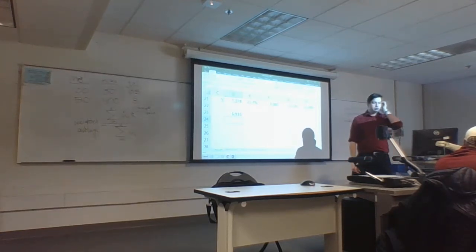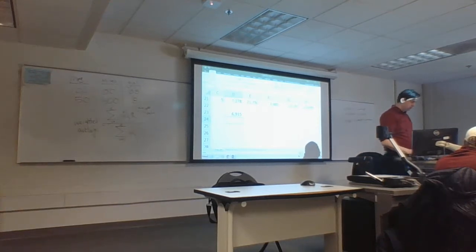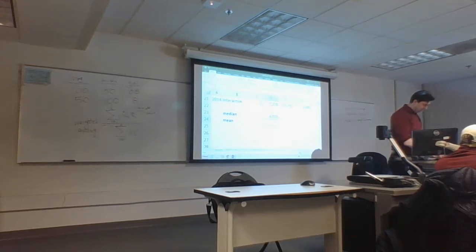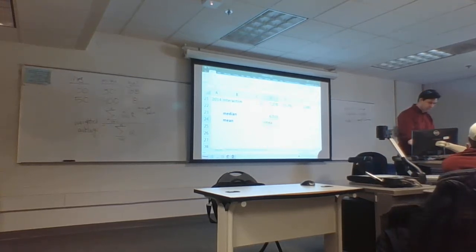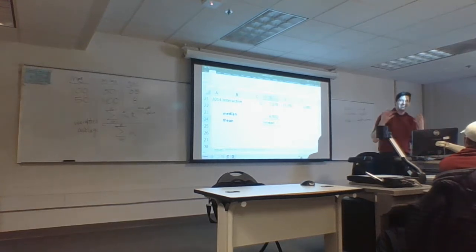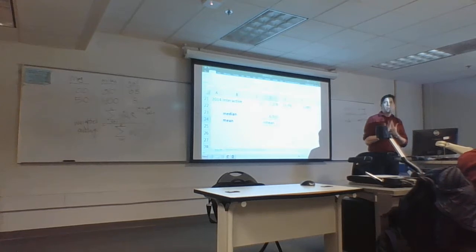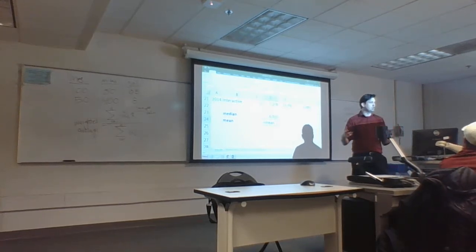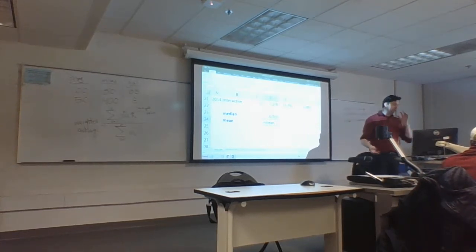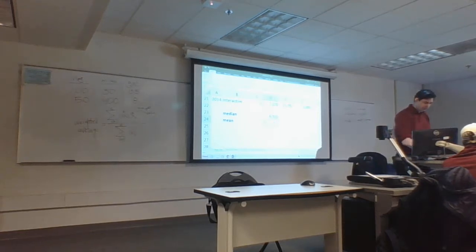What about the average? Mean. Yeah. You don't type in equals mean, because Excel doesn't know that. Excel recognizes that most people don't know mean as average, they know it as average. So you type in average.